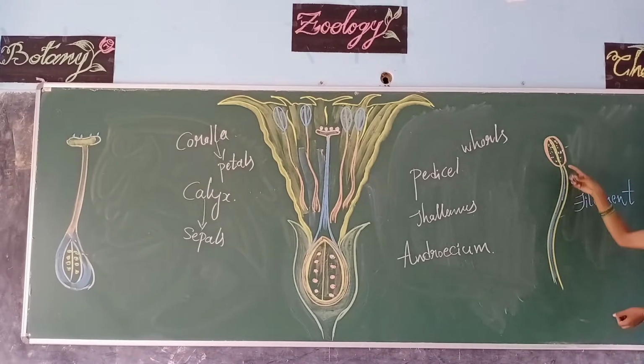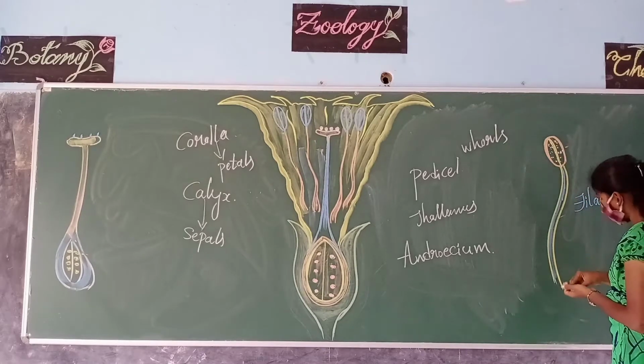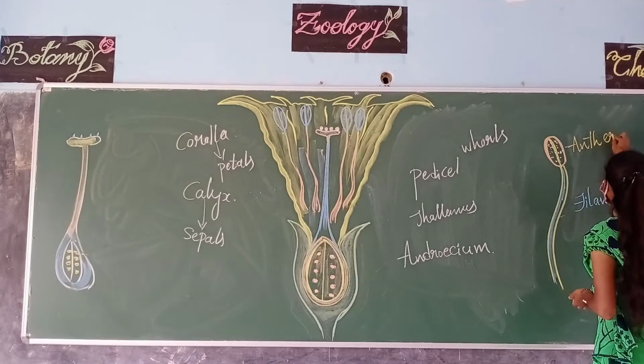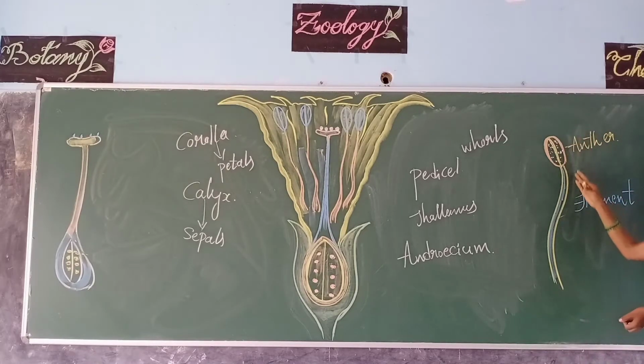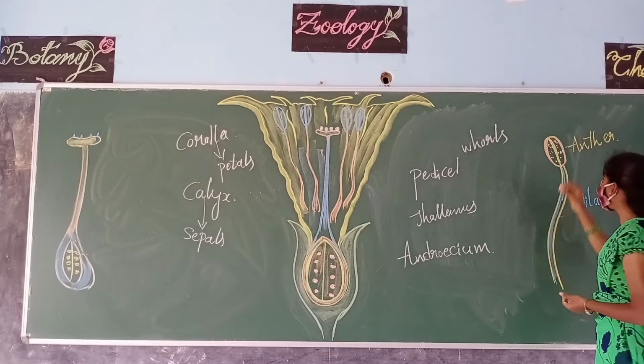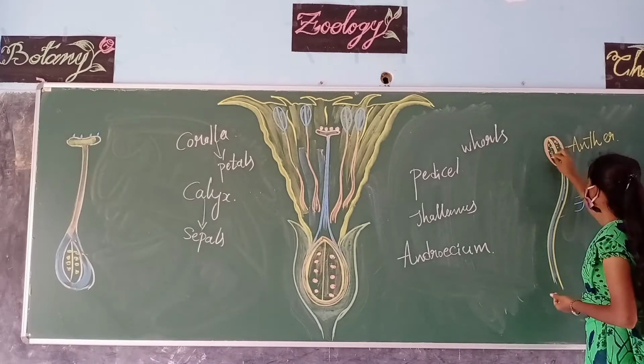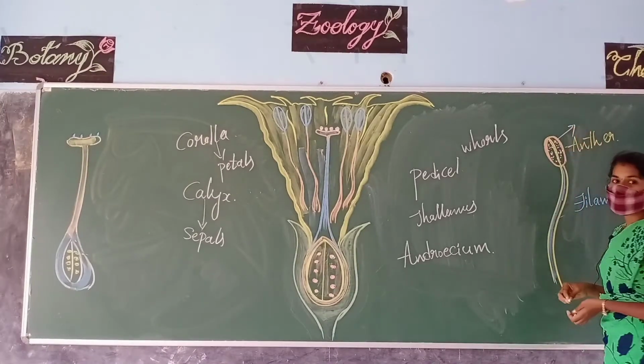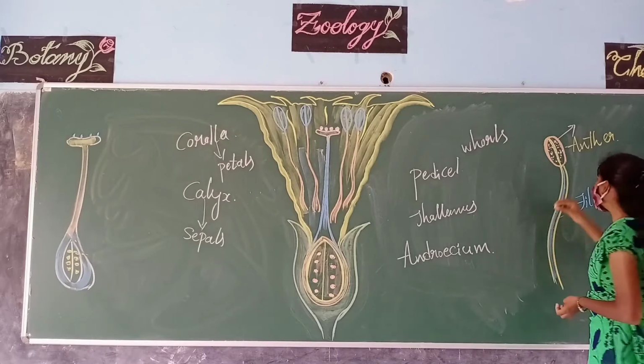Above the filament we have the anther. This is the anther, and the anther is connected with the filament. Inside the anther we have pollen grains. These pollen grains are the male germ cells or male reproductive cells.